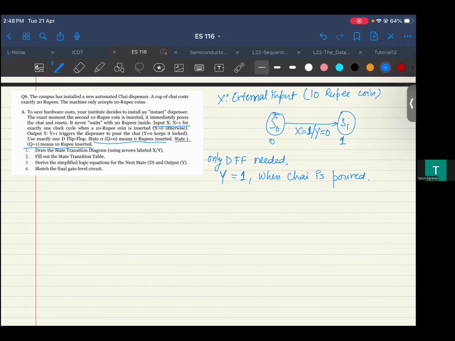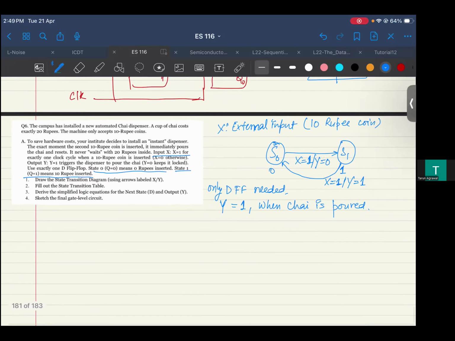Chai is poured when you are already in state 1 and you put in X equal to 1, that means another 10 rupee coin. Then the 20 rupees are there, and this sets Y, the chai, to 1. So when X and Y are both 1, chai is poured.